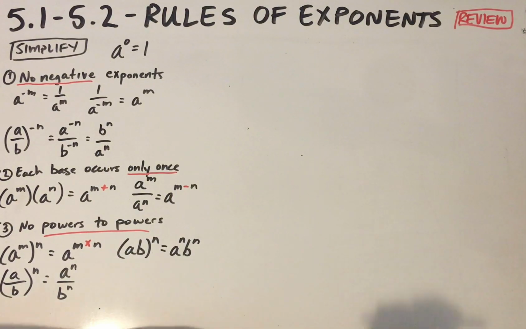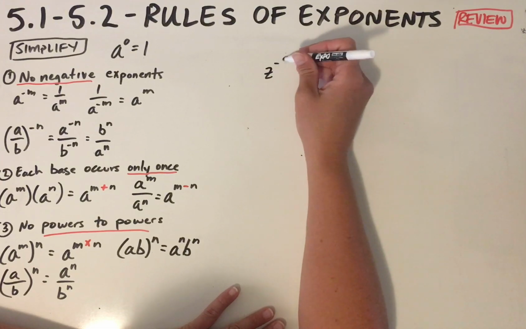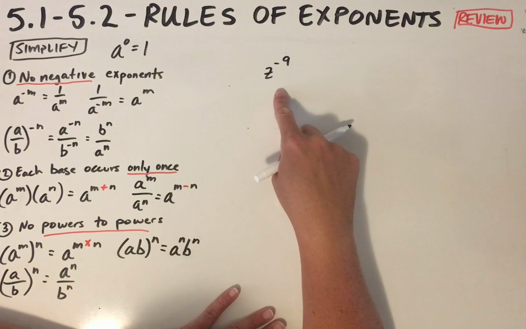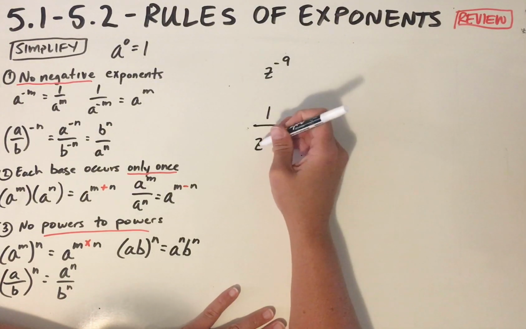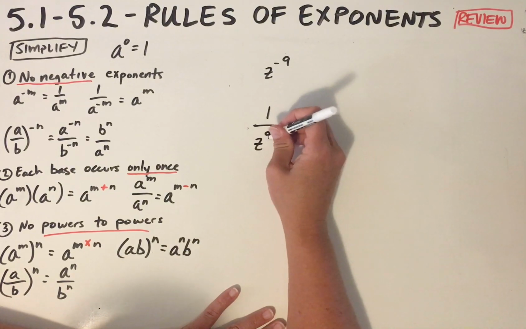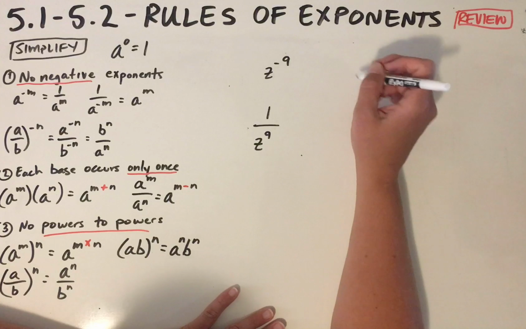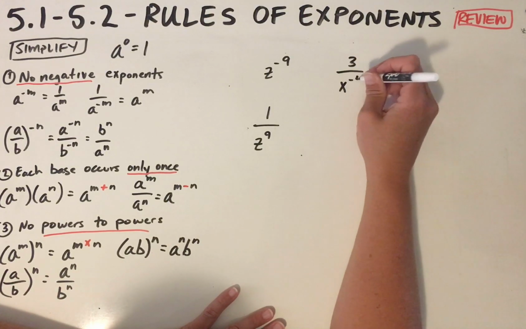Now, negative exponents, I could have something as simple as simplify z to the -9. We're like, well, the problem with this, there's only one thing there, but the problem with it is that it's negative. Well, to make it positive, we need to put it downstairs. Okay, or I could have something like 3 over x to the -4th.